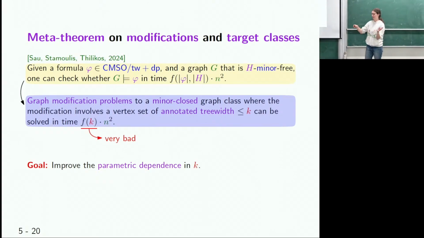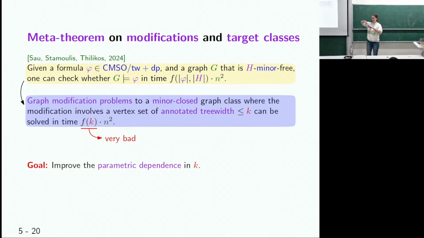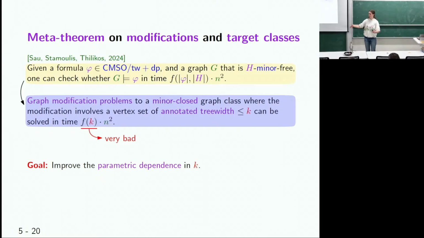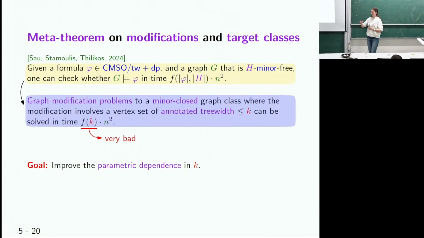So elimination distance to H: you remove a vertex from each connected component, so that at the end each connected component belongs to H, and the depth is the number of steps that you did. Essentially, the set of vertices that you removed has bounded treedepth, and so bounded treewidth.